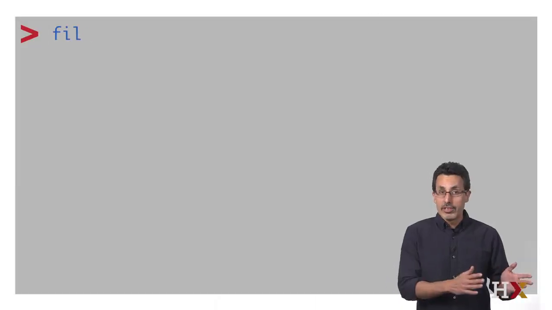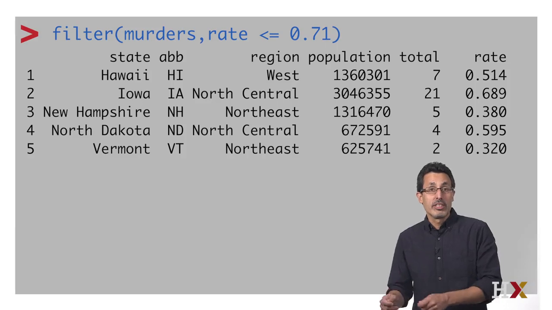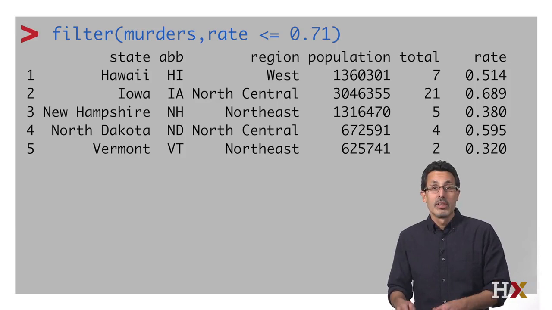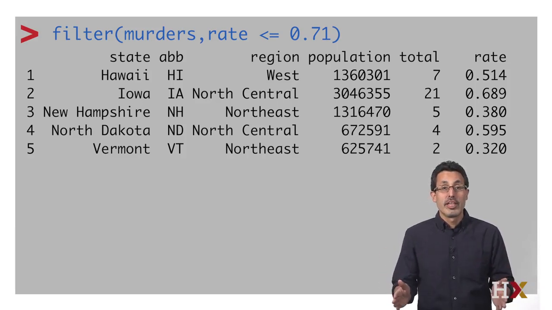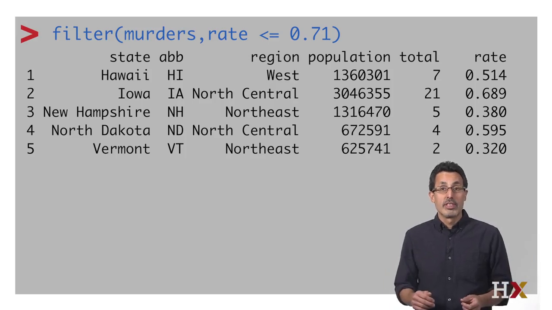So we would type filter, then the data table, murders, comma, and the second argument is the conditional, rate less than or equal to 0.71. When we type this, we get the 5 states for which the conditional is true. We get the entire table for these 5 states.